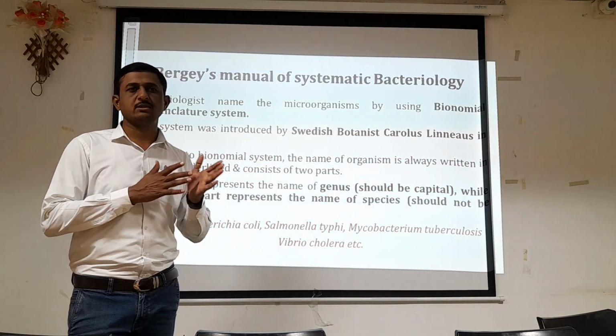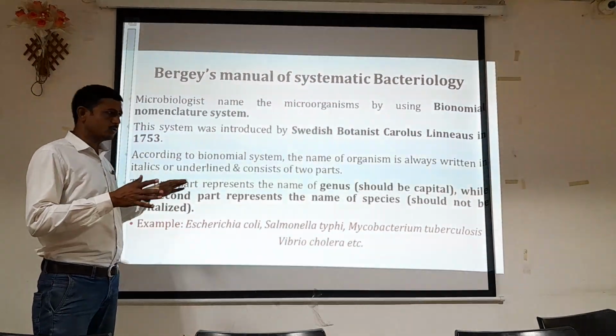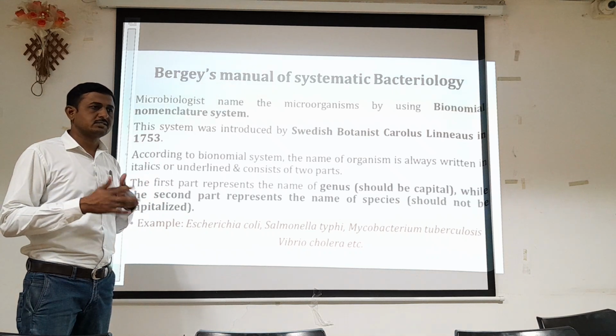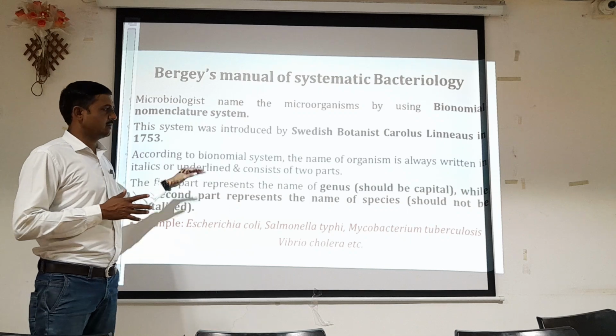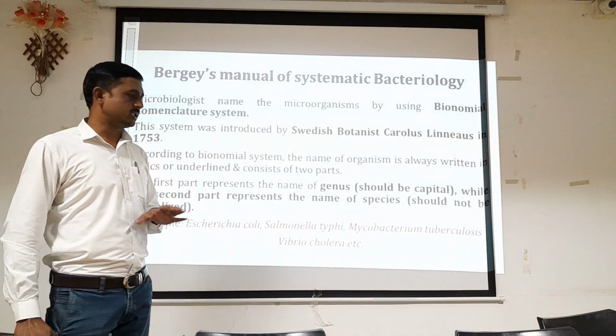So these are nothing but unique names which are given to that particular organism. Depending upon the location or area, you can observe strain modification or changes in the strain, but with respect to the species, the basic characteristics are similar.